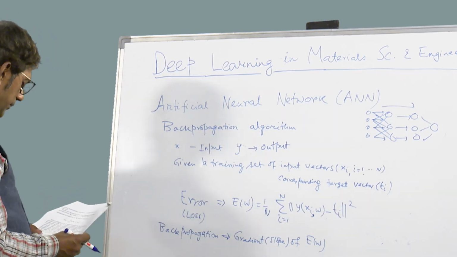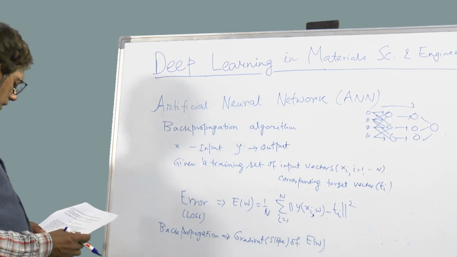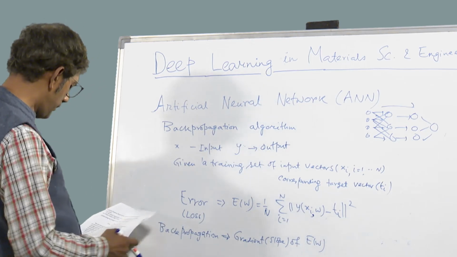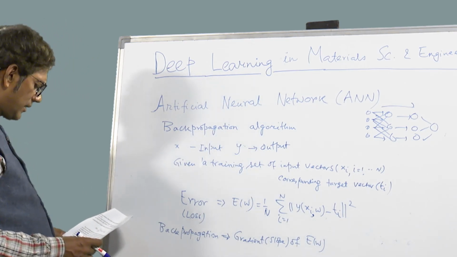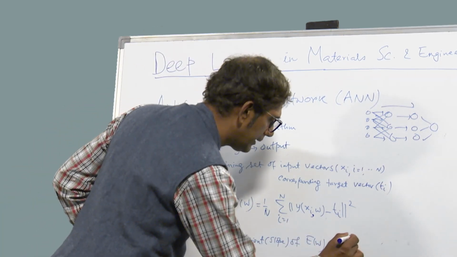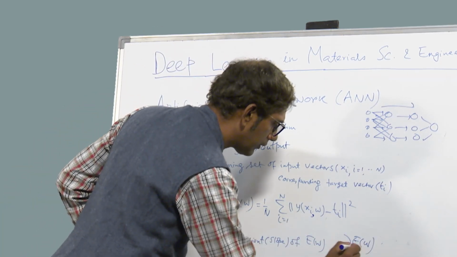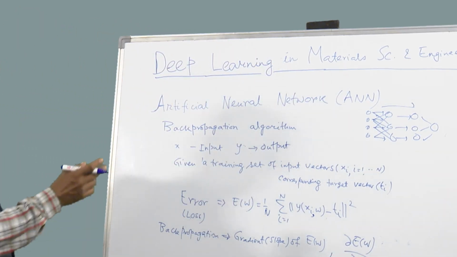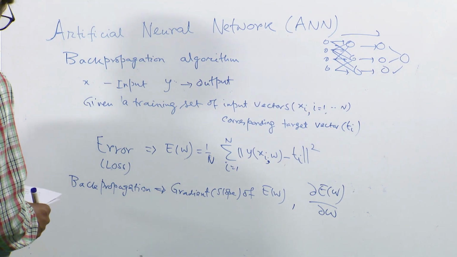So, at each step we can distinguish between two distinct stages. In the first stage, the derivative of the error function with respect to the weights, that means dE(w)/dw, must be evaluated.